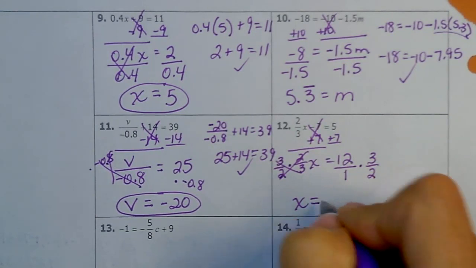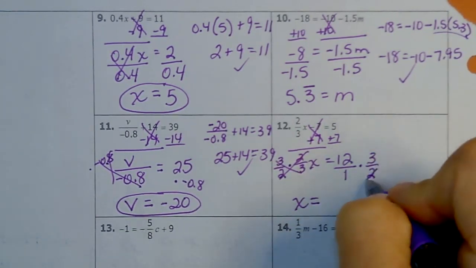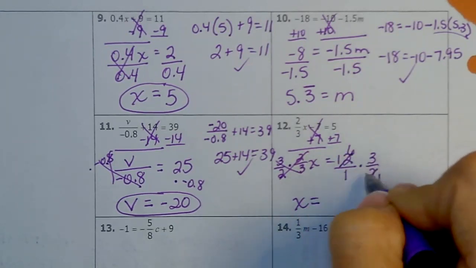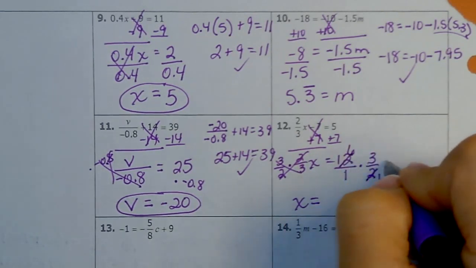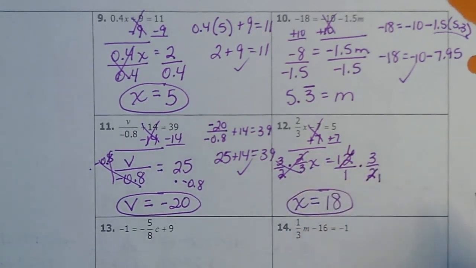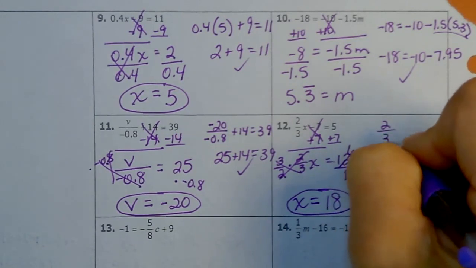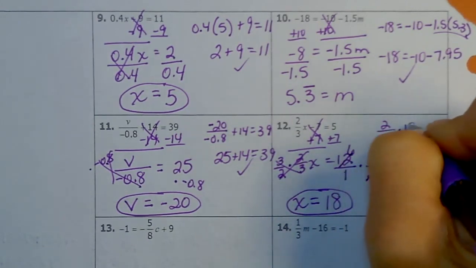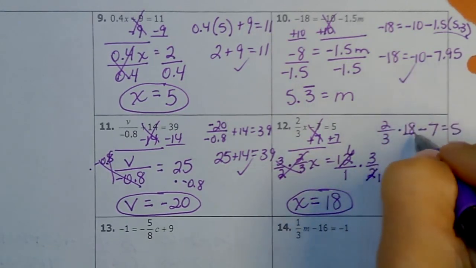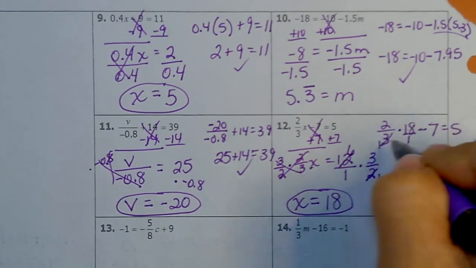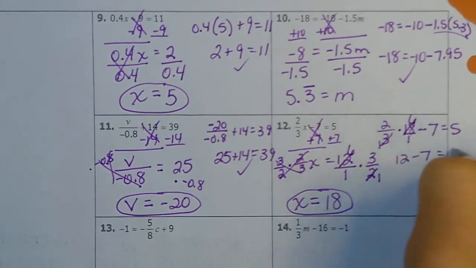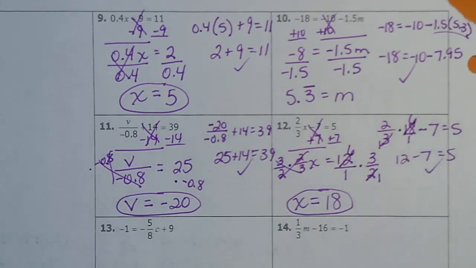So x equals, I can divide this by 2 and this by 2, right? That's all of the simplifying I can do. So I'm ready to multiply, and I get 18 over 1, which is equal to 18. Time to check. 2/3 of 18 minus 7 equals 5. Let's check this part first. 18 divided by 3, times 2, is 12. And 12 minus 7 is 5.